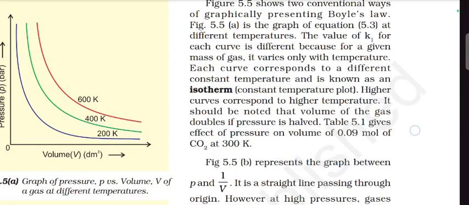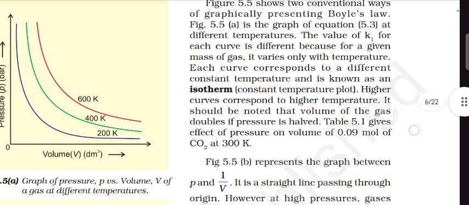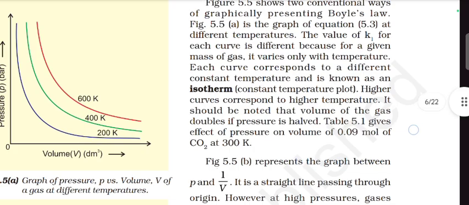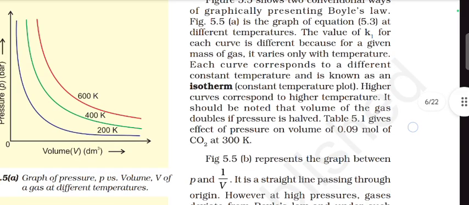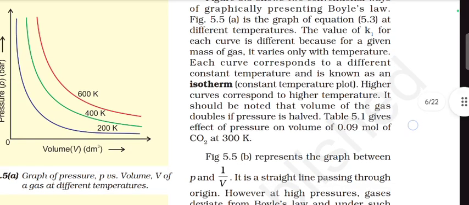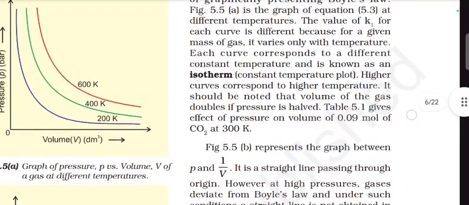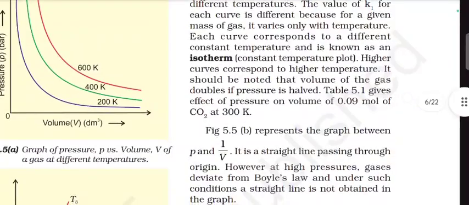Each curve corresponds to a different constant temperature and is known as an isotherm, a constant temperature plot. Higher curves correspond to higher temperature. It should be noted that volume of the gas doubles if pressure is halved. Table 5.1 gives effect of pressure on volume of 0.09 mole of CO2 at 300 K.